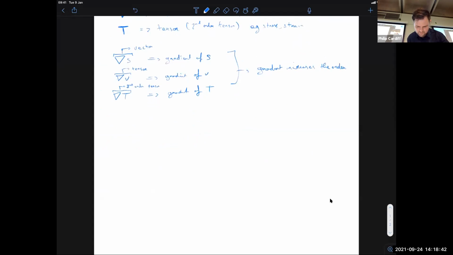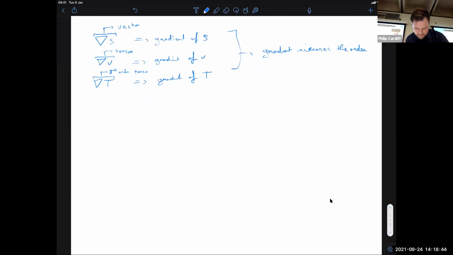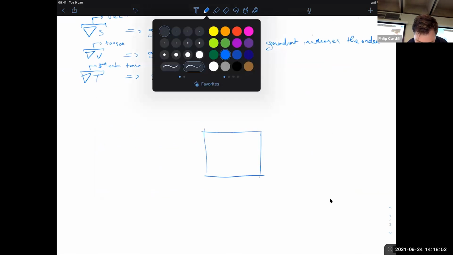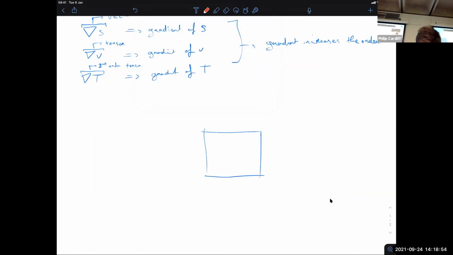Very good. So if I take a simple little example, we just draw a little square. Imagine I'm looking at a little piece of material in some room or some domain. So that domain might have the temperature defined at every point. So maybe over here it's hot, it might be like 10 degrees or something like that.